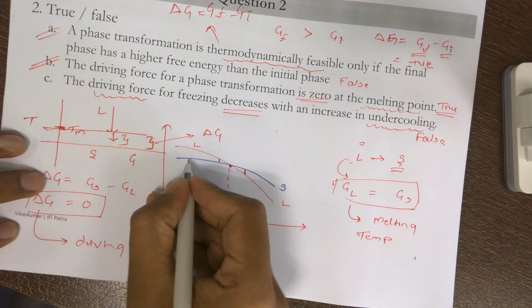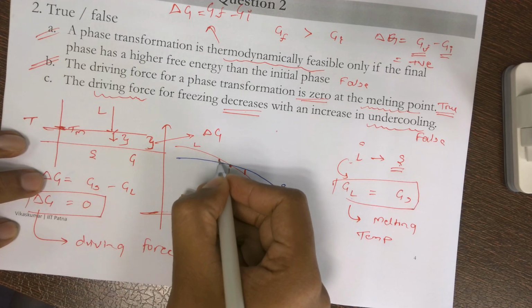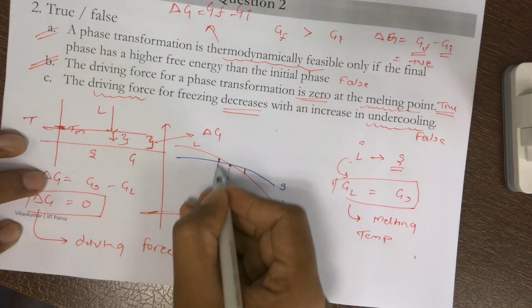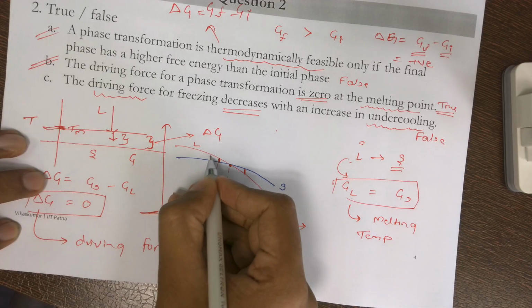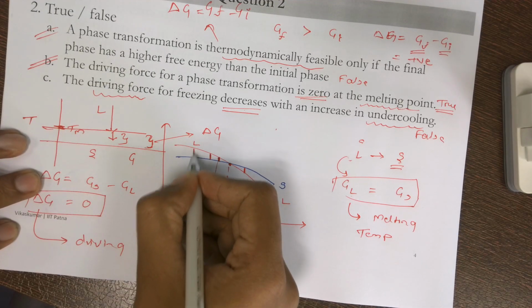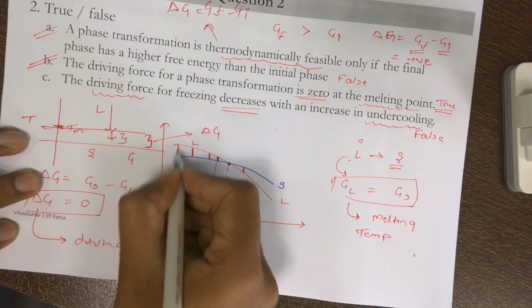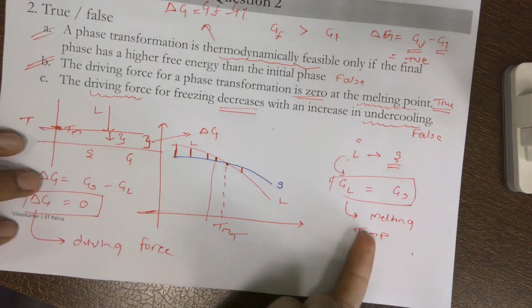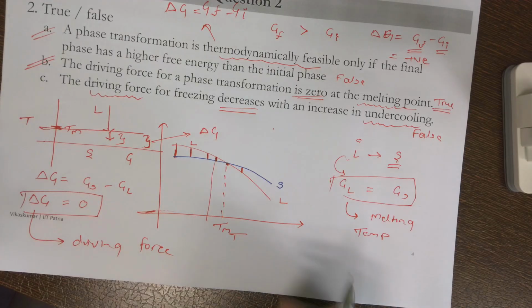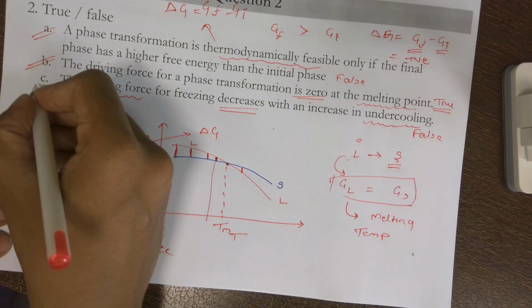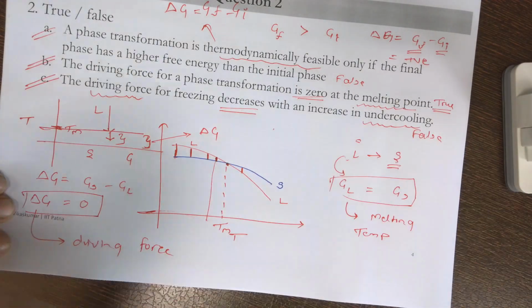This is the liquid and this is the solid part. Right now, at this particular temperature, we have this much driving force. Decrease the temperature, driving force is increasing. Decrease it even more, driving force will increase even more. So the more the undercooling, the higher the driving force. With that we have solved this, so its answer is false.